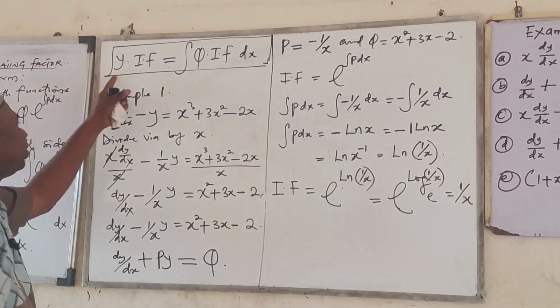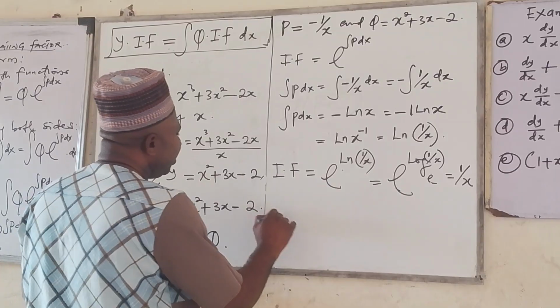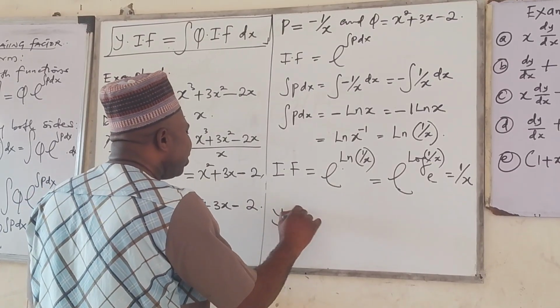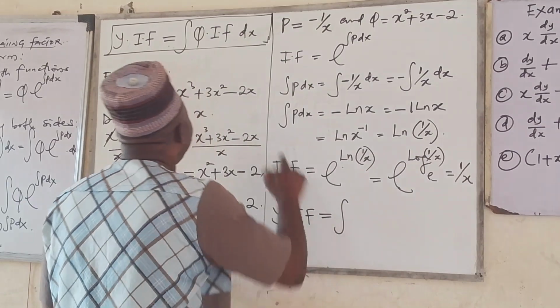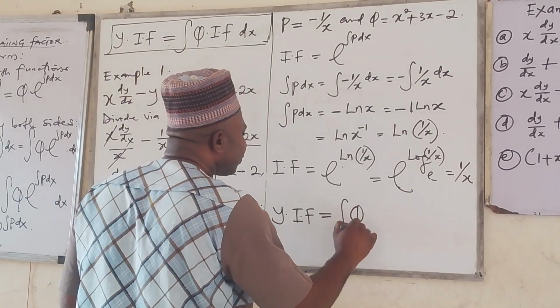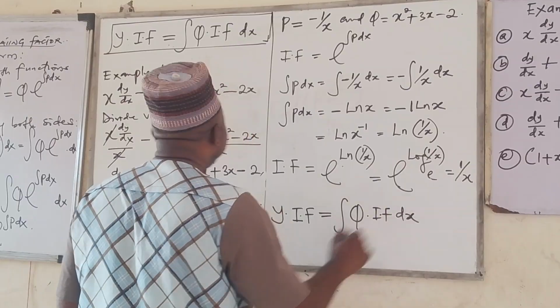Now look at this equation here. We said the equation will be y times the integrating factor is equal to the integral of q times the integrating factor dx.